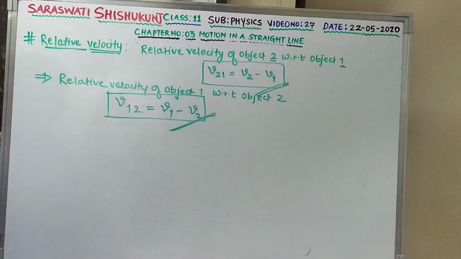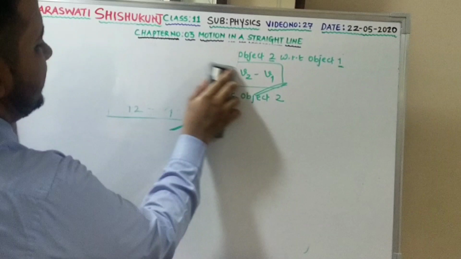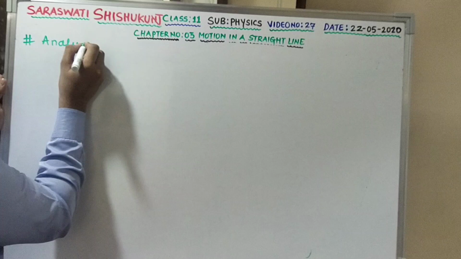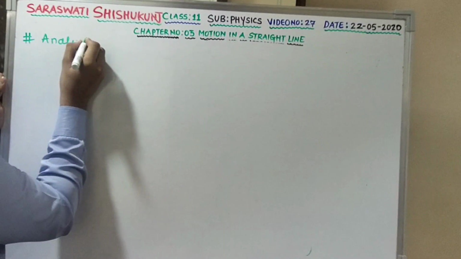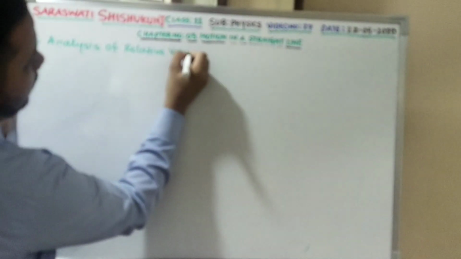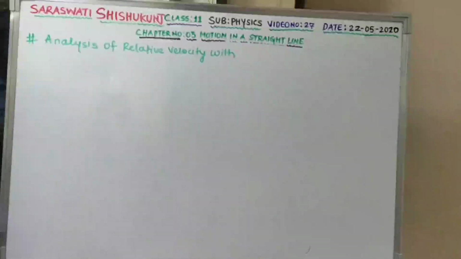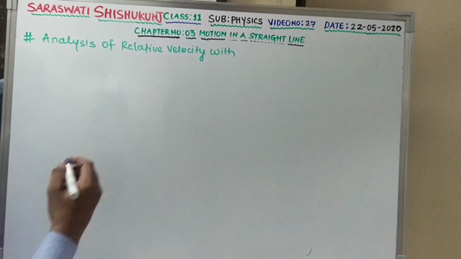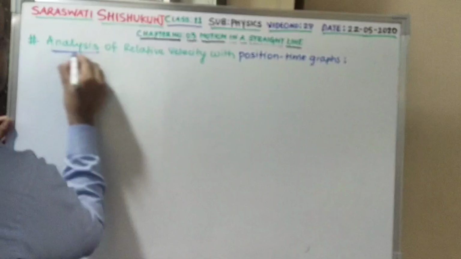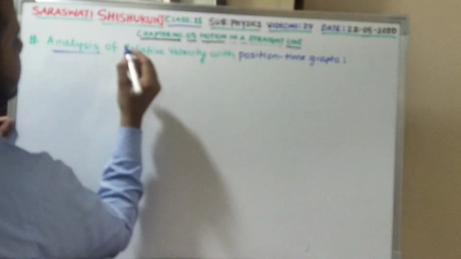Okay, next we are moving to the topic, analysis of relative velocity with position time graph. This is a very important theory.